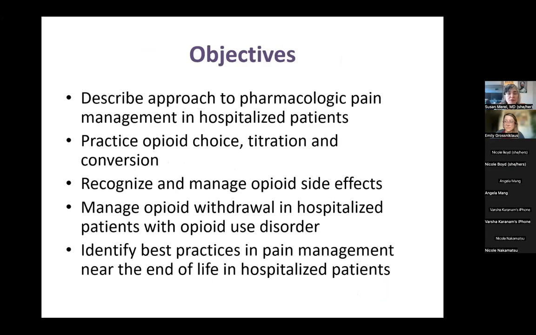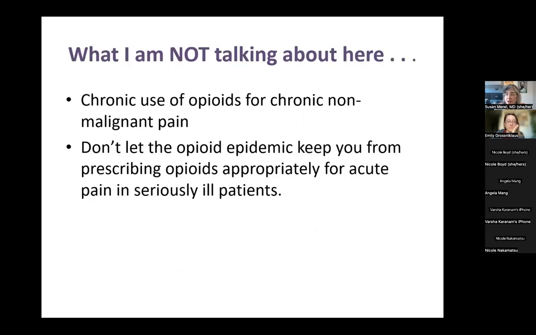So my objectives are to describe an approach to pharmacologic pain management in hospitalized patients. We're going to practice opioid choice, titration, and conversion. We're going to talk a little bit about opioid side effects, opioid withdrawal, and then best practices in pain management near the end of life. So I'm going to go relatively quickly to cover it all. The slides will be available at the end.